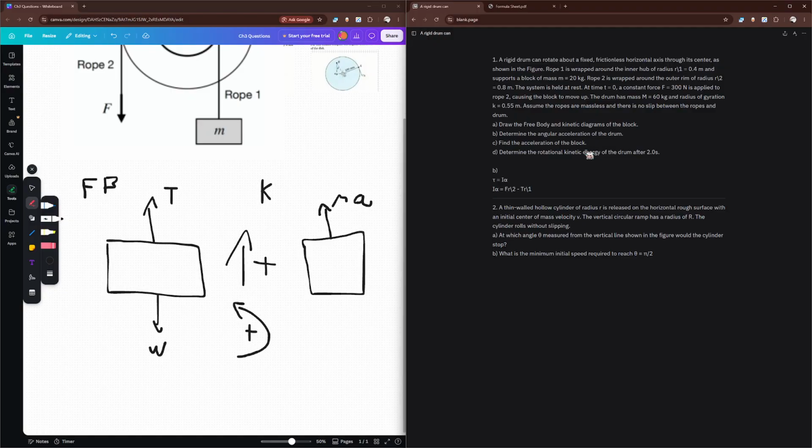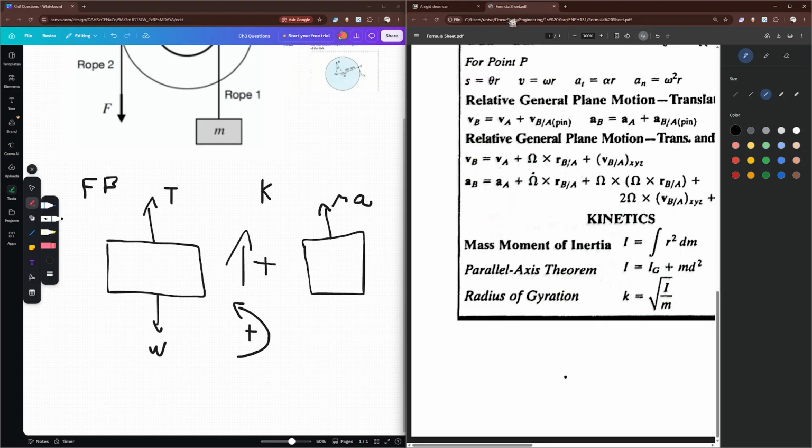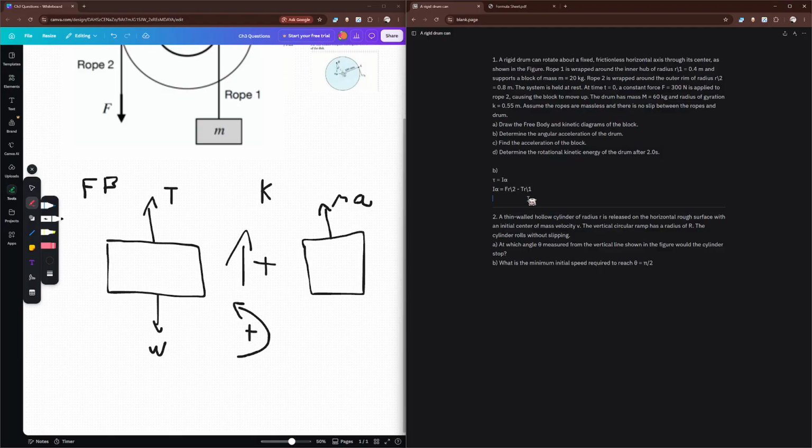And this is a formula I didn't actually go over in the theory videos, but we have this one here, the radius of gyration, right? And you'd solve it like this: k equals root of I over M. So if we rearrange for I, we get I is equal to M k squared, right? And this is a capital M because we don't want the mass of the block.